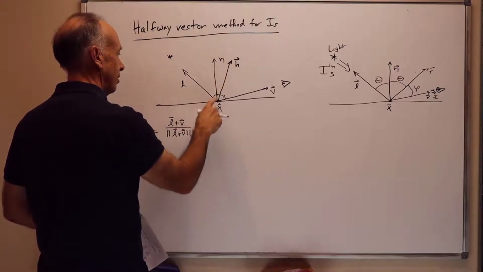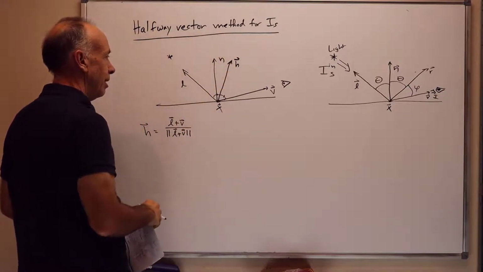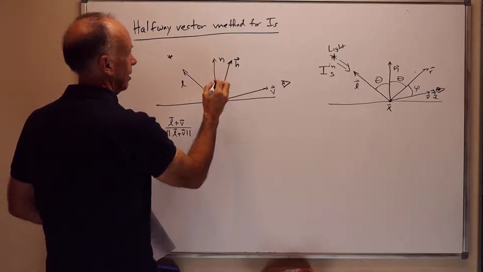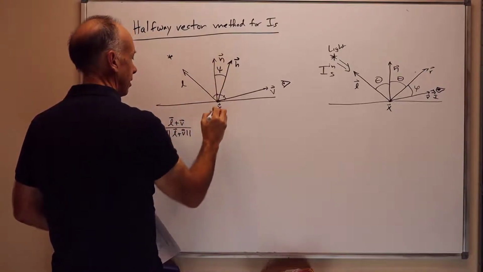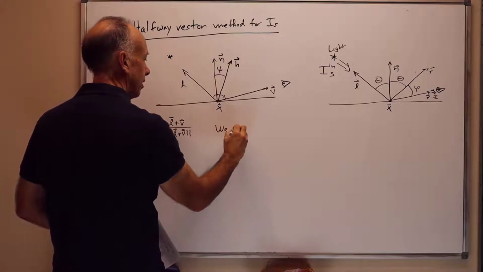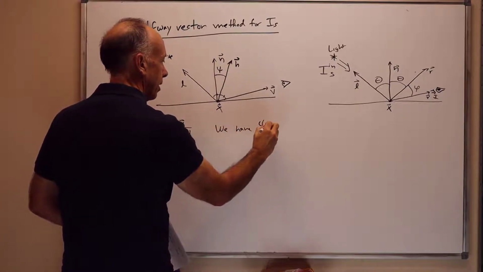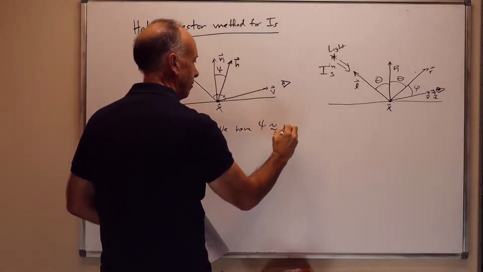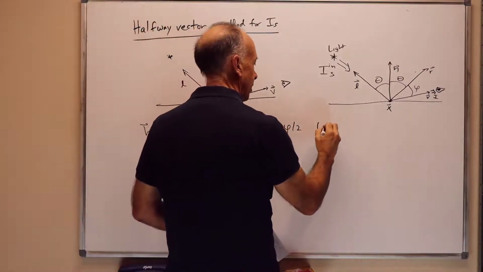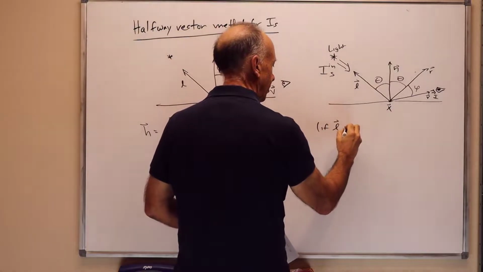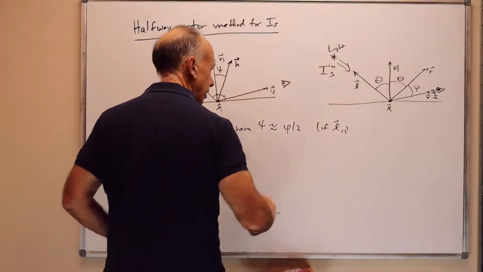We normalize it to get H. And the idea is the following, is that this angle here, which I'll call psi, we have that psi is approximately equal to phi over 2. Actually, it's exactly equal to that if L and N and V are coplanar.